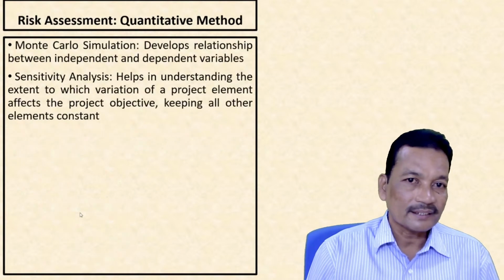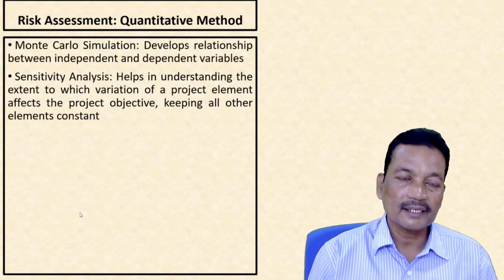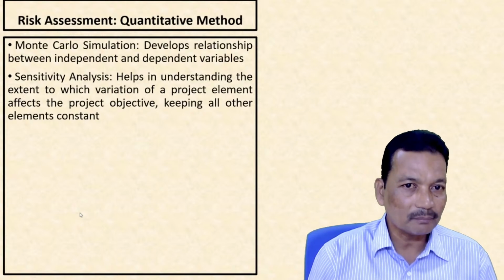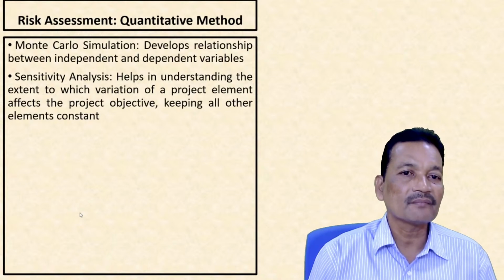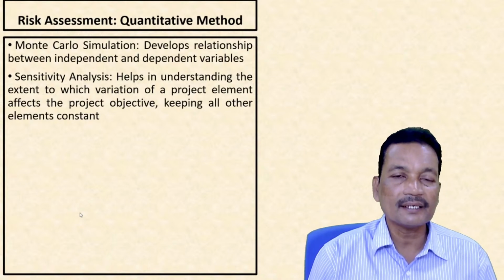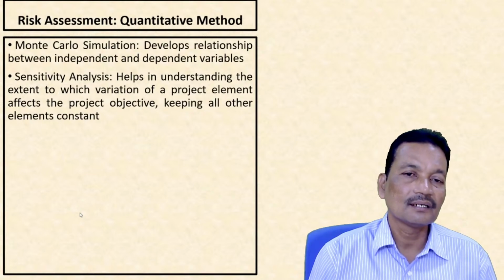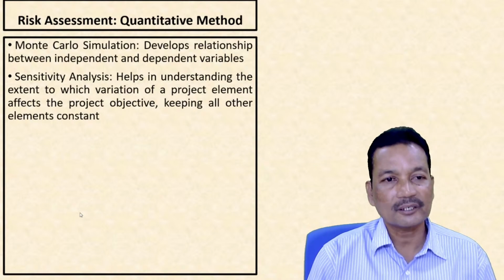When we go to quantitative methods, we use either Monte Carlo simulation. That means we try to use random number tables and find out the relationship between independent and dependent variables. That means risk and its impact on the particular activity.